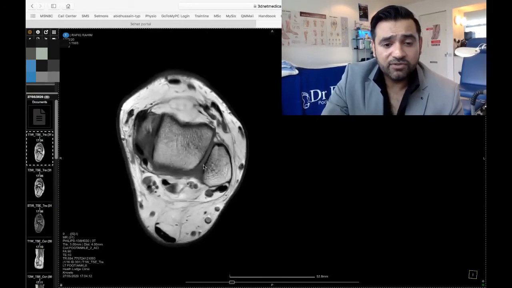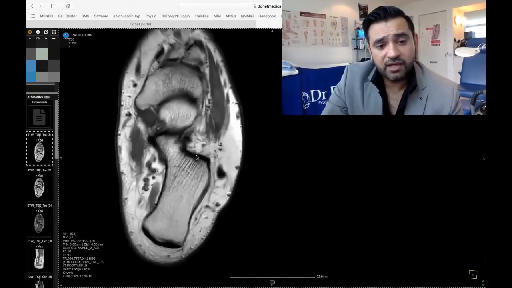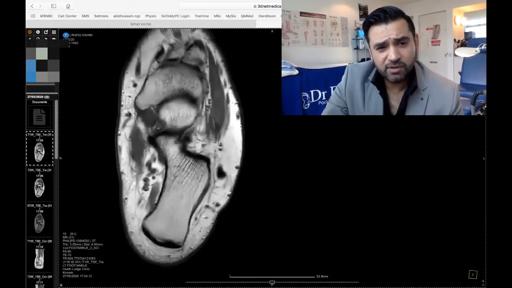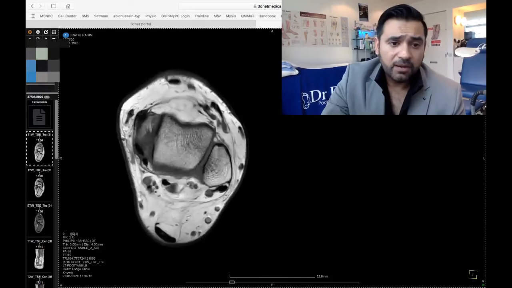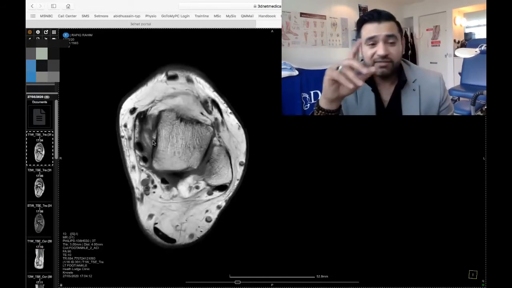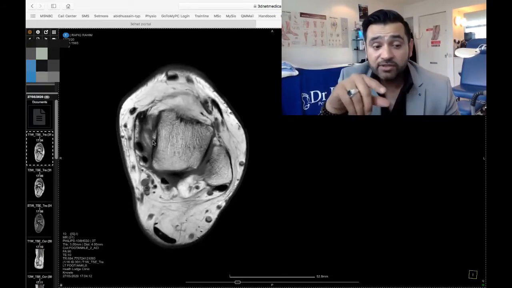What other ligaments should we look at? So let's look at that: the calcaneonavicular ligament, which is a very important ligament. On the medial aspect, that's the deltoid ligament. Now, it's viewed much better with other images, and I'll show you why a bit later.